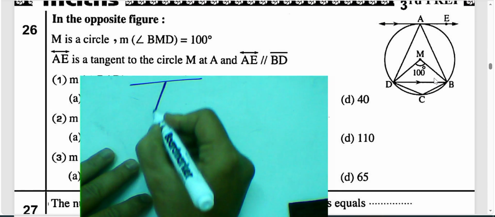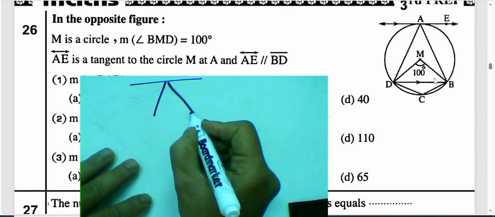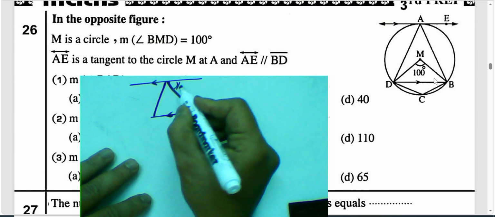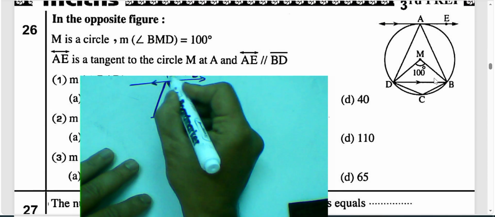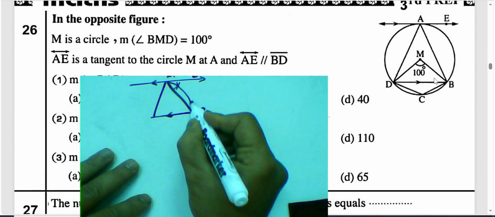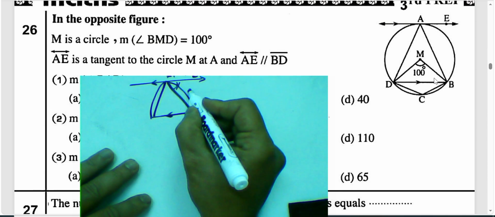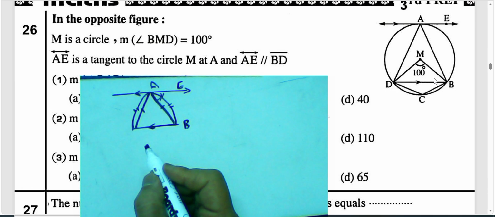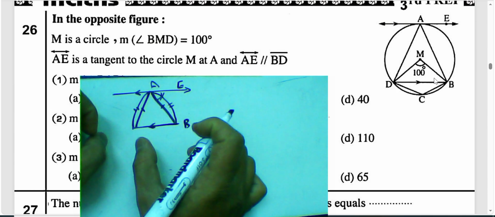Look here, again I will explain. They are parallel like this. Then I want to find the measure of angle EAB. This arc is equivalent to this arc, so the chord lengths are equivalent also, because we have two equal arcs.